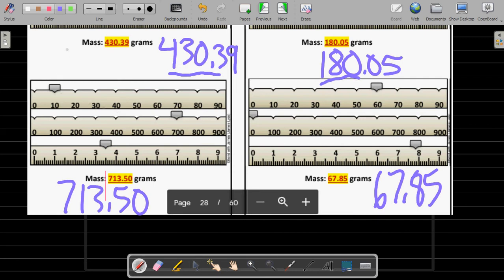All right, over here, you should have 710 and then 3.5, because again, it's not quite 0.4, about halfway. All right, so again, everybody should have at least the 713.5.